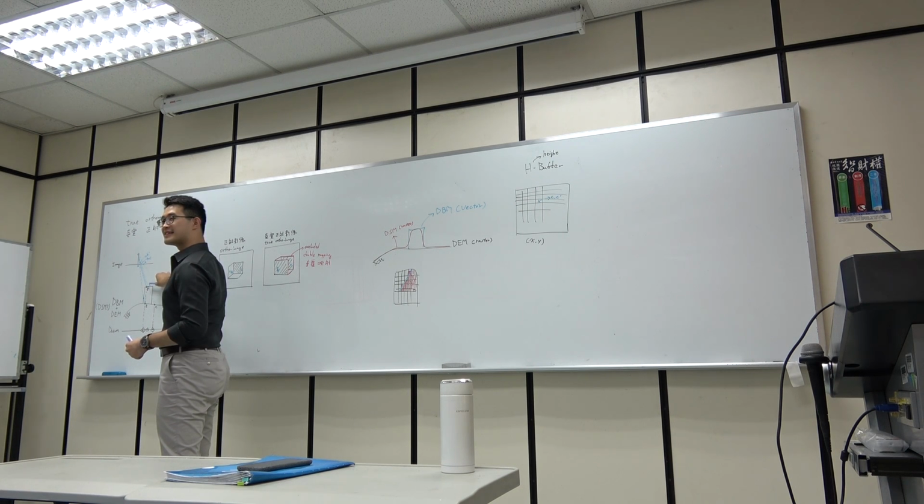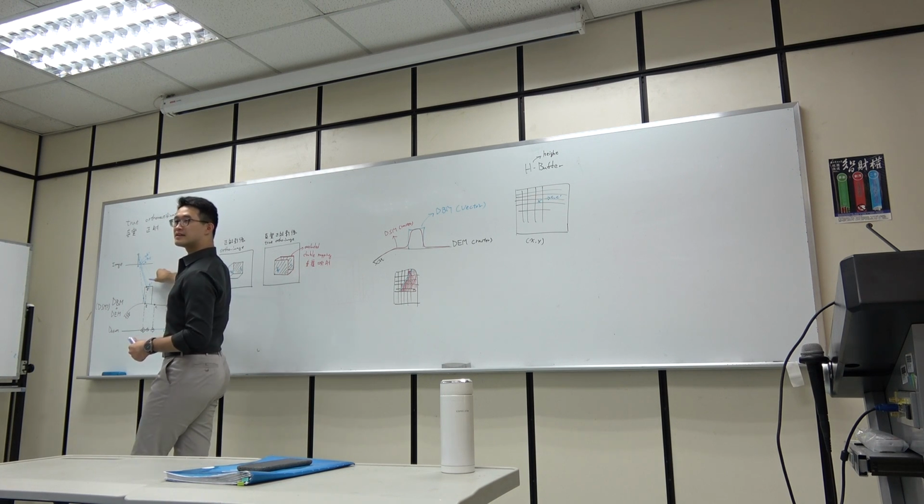Any thoughts? C plot, projected from C. So it contains the height of the object. No, it doesn't contain the height of the content.